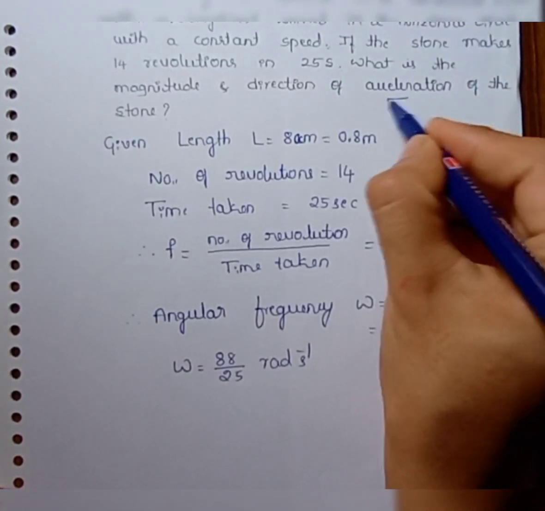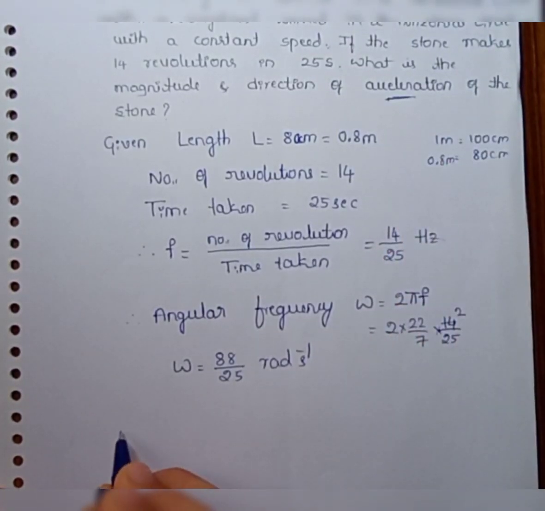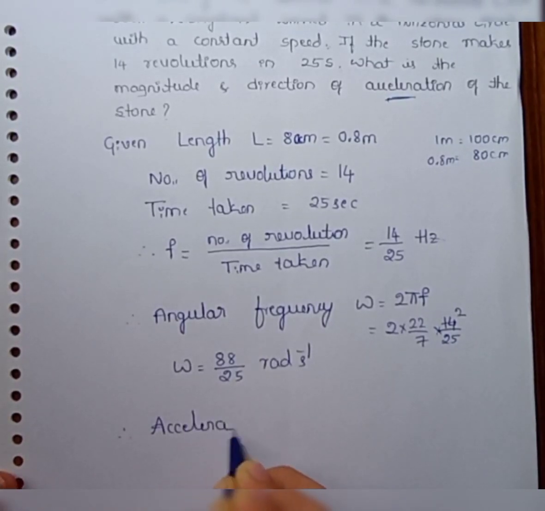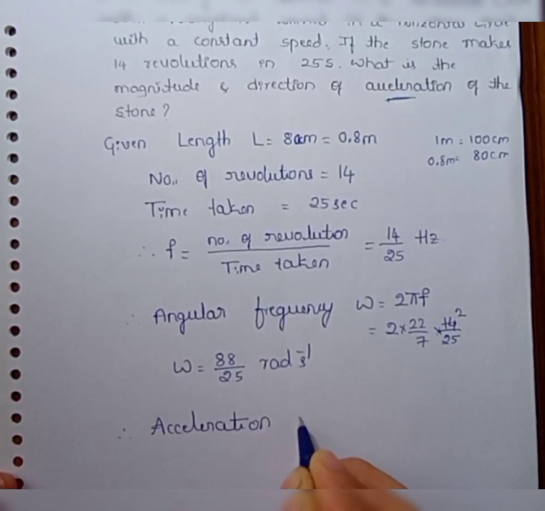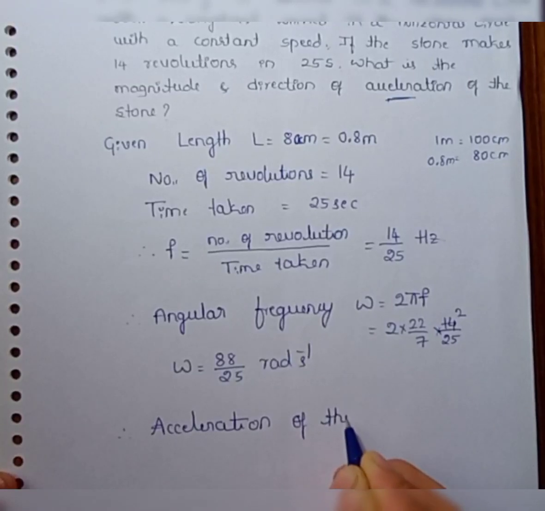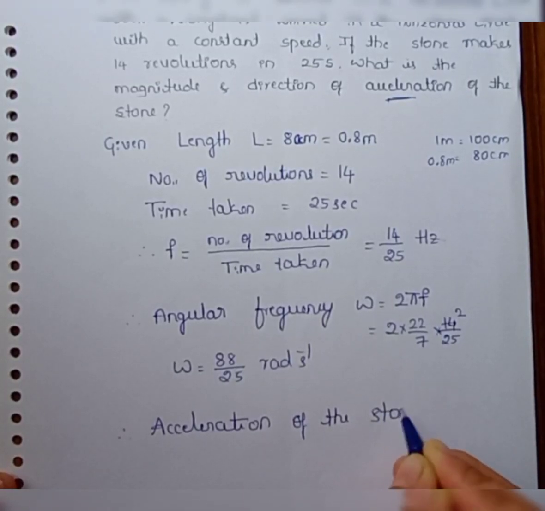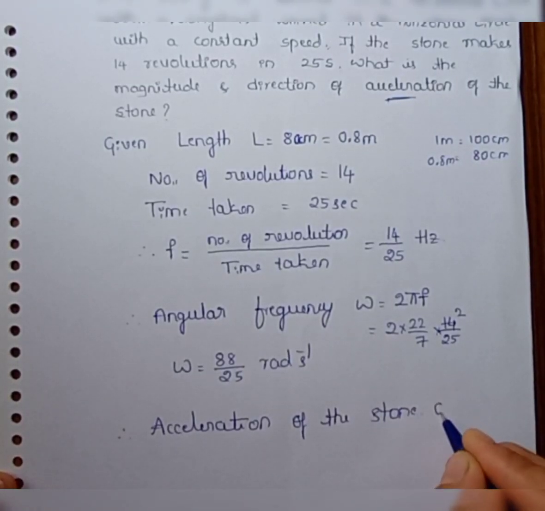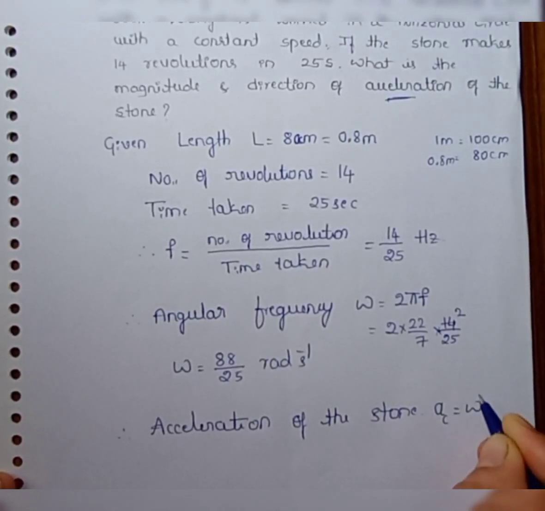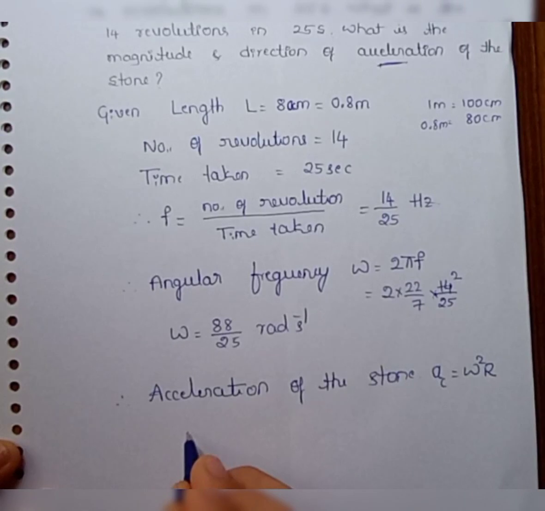Now we have to find out the acceleration. Acceleration of the stone can be written as a_c is equal to omega square into R. We know this formula.